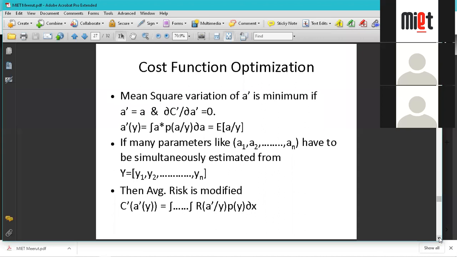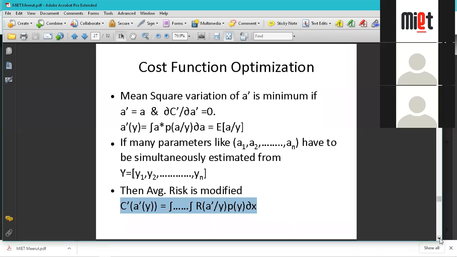If many parameters like A1 to AN have to be simultaneously estimated, and Y is a vector, in that case we can compute the average risk as I have shown in the last of the slide.